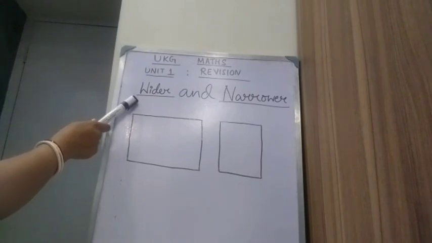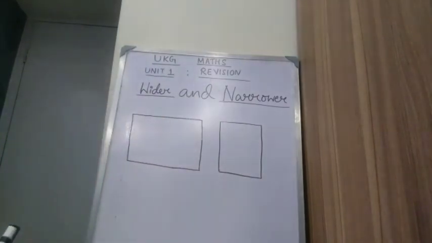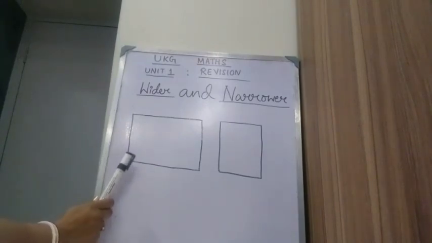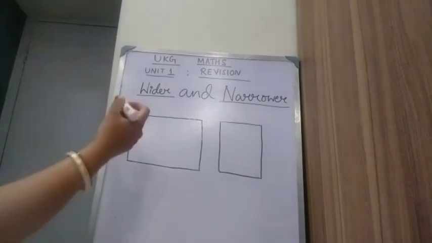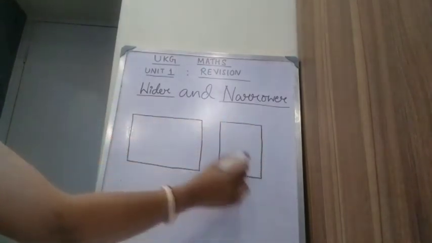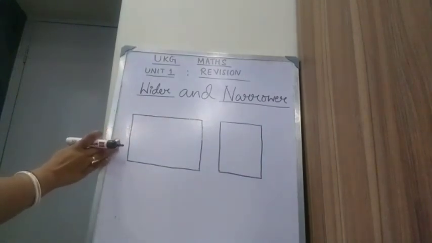The next concept is wider and narrower. When we have two things of unequal sides, these are sides. Okay, these are sides. So it means their sides are not equal.